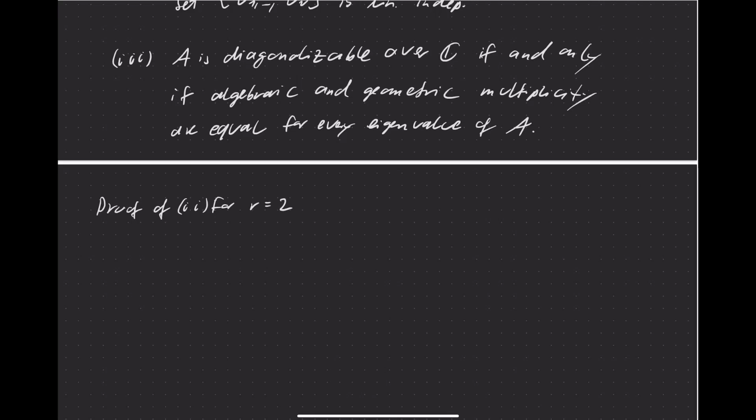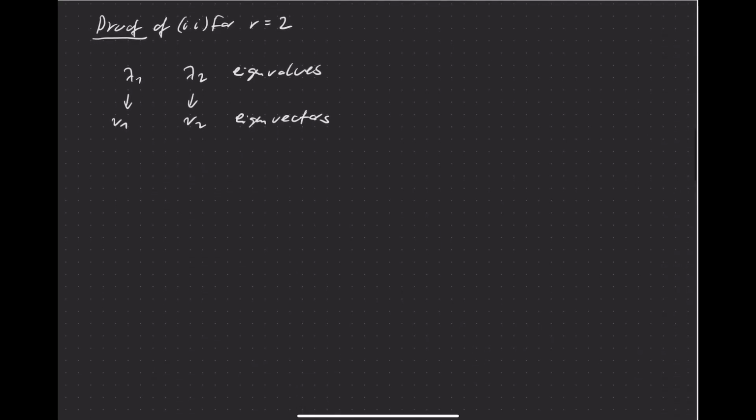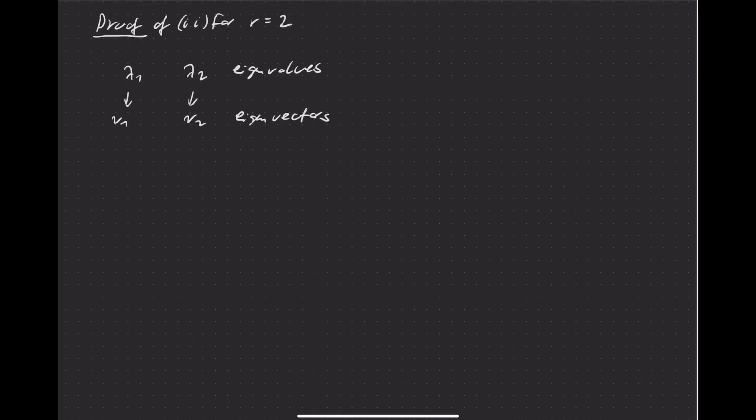So 2 distinct eigenvalues. Okay, so let lambda 1, lambda 2 be eigenvalues. And let's say we have corresponding eigenvectors v1, v2. So those are eigenvectors. And we want to prove that these eigenvectors are linearly independent.